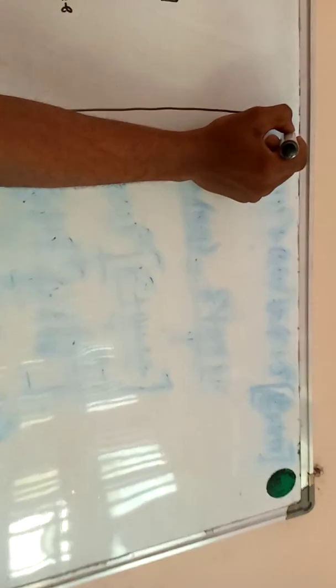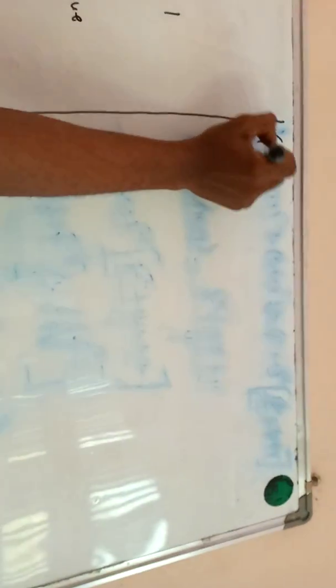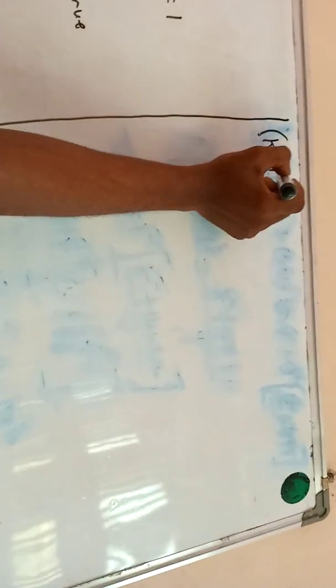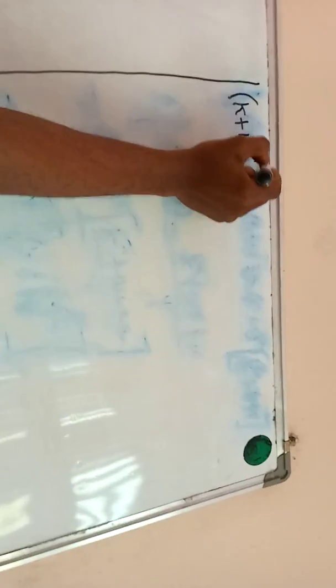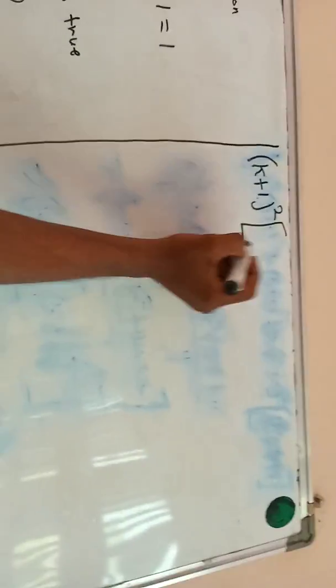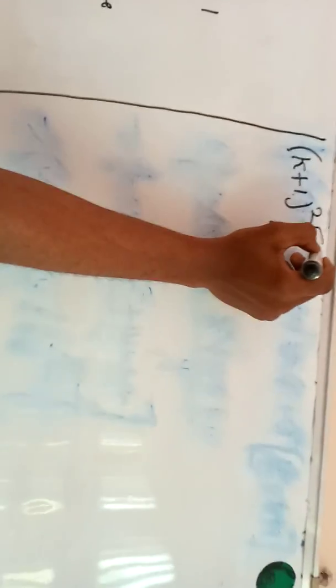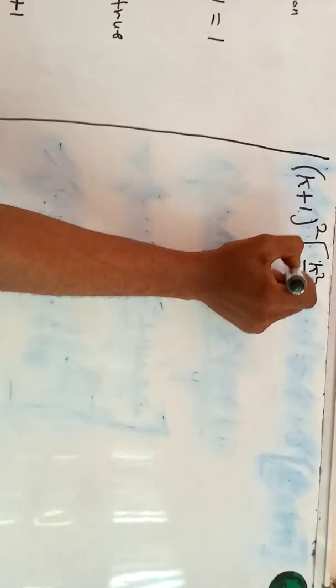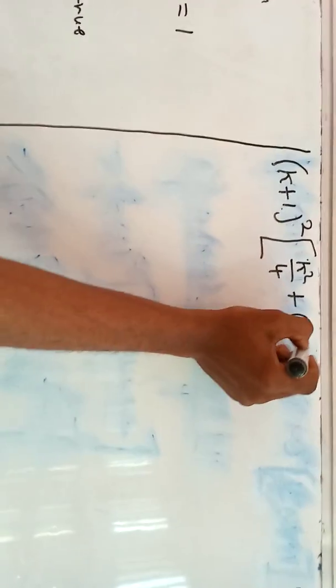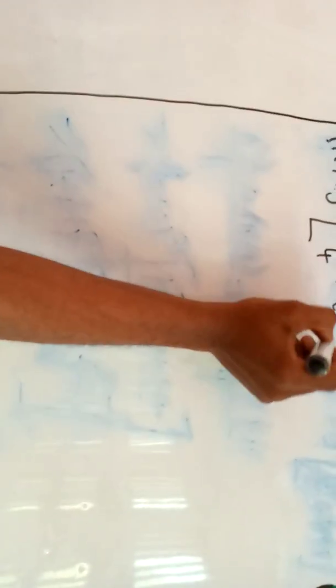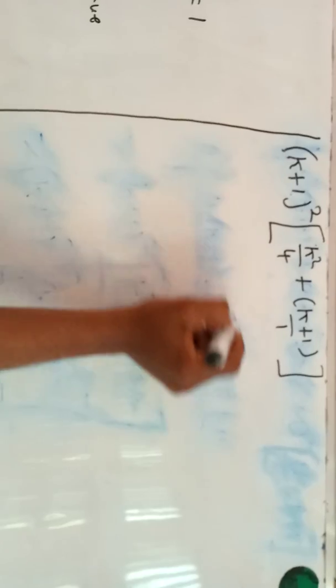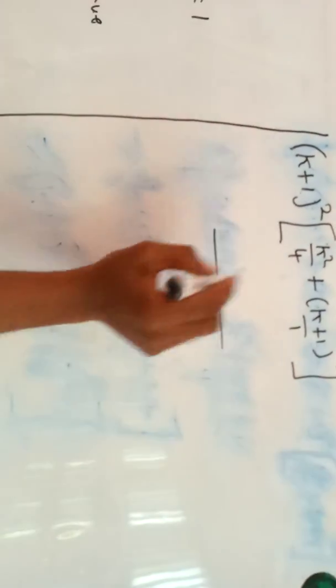This implies that we have k plus 1 square bracket. We are going to look for the LCM. K over 4 plus k plus 1. This is what we have. Now we look for the LCM of this.